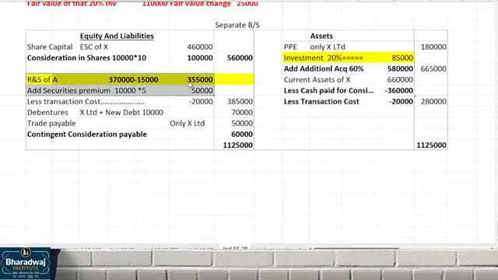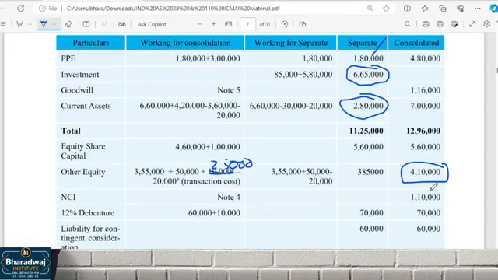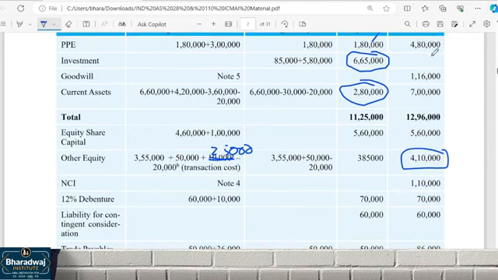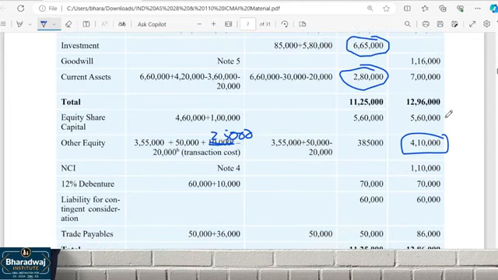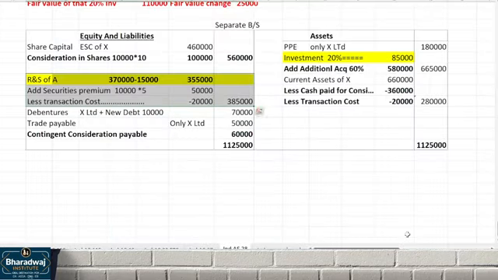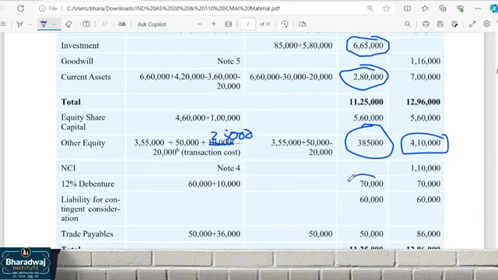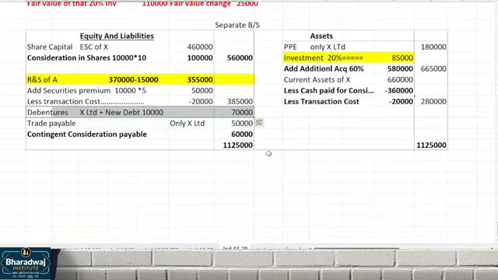Reserves and surplus, including securities premium minus transaction cost, 3,85,000 will come. This is the separate balance sheet. Debentures, old plus new debt, 70,000 will come, and liability for contingent consideration. Trade payable, only X Limited. The only difference is that 15,000.